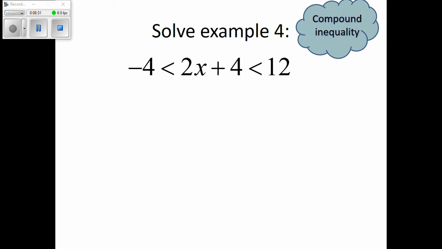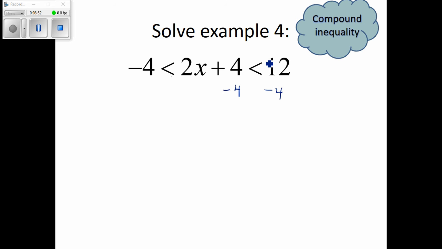But this time we have a compound inequality. So a compound inequality means more than one inequality. So you can see that there's 2 of them here. If I covered this side up and just solved this side, I would subtract 4 from each side.